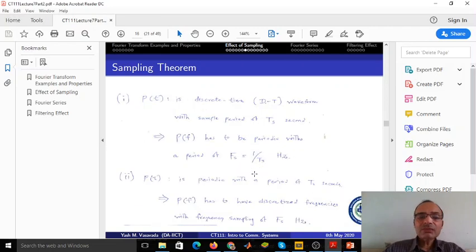But then what we end up finding is that capital P of f, the Fourier transform, also has to have the same two viewpoints. Either we can think of capital P of f as being periodic with a period of F s hertz, or it is discretized in frequency with a frequency sampling of F s hertz. Anyway, this is just an argument.